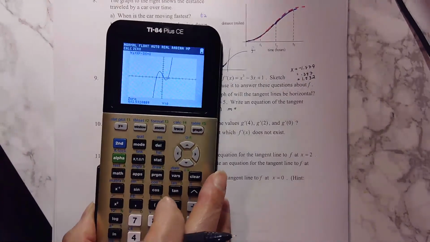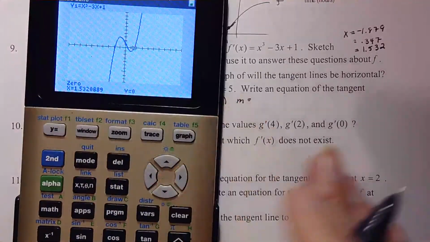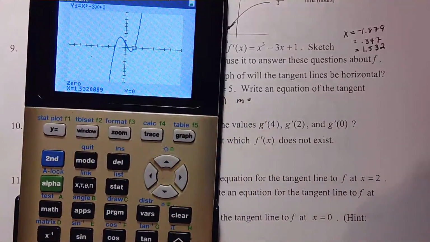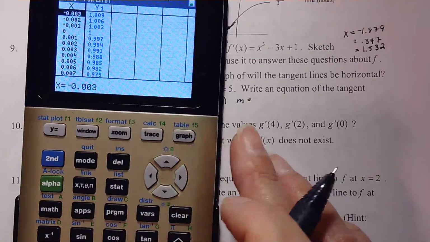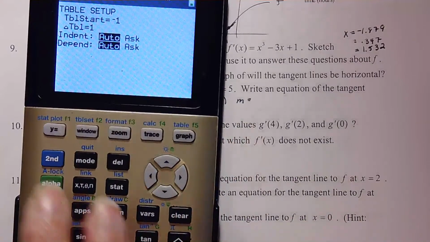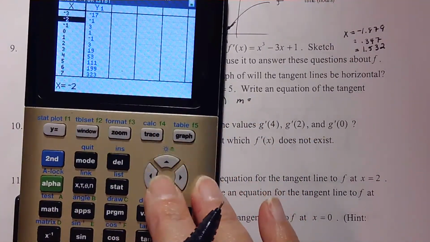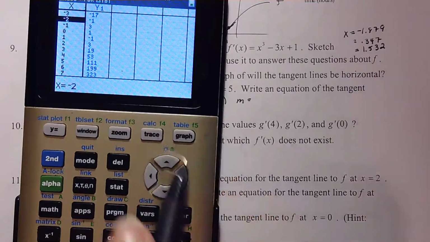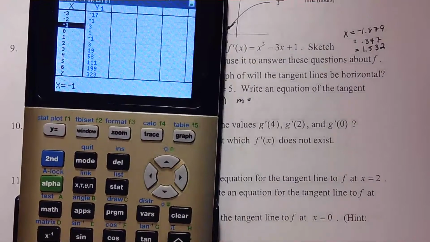I'm going to zoom in on this again. Every point on this graph represents the slope of the tangent line to the graph of f, okay? Now, if you go to second graph key, that's your table. Oh, let me change my window. I'm going to start at -1, and I'm going to go in increments of 1 so it's easier to look at. There we go. So all you have to do is look at your table and go to where x is equal to -1.